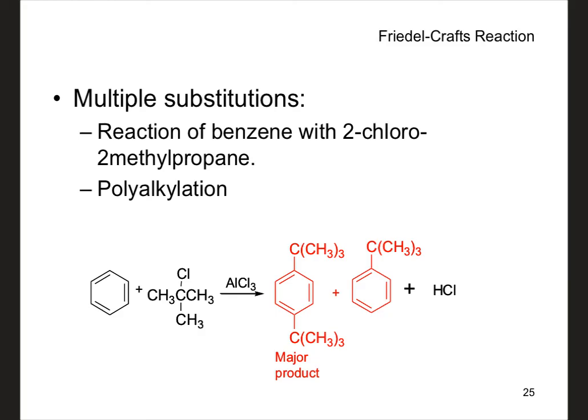Okay, let's go over some more molecules so that you get a feel for how the reaction takes place. So multiple substitution. Let's say we have 2-chloro-2-methylpropane. So this is what we have. That's how we are drawing it.